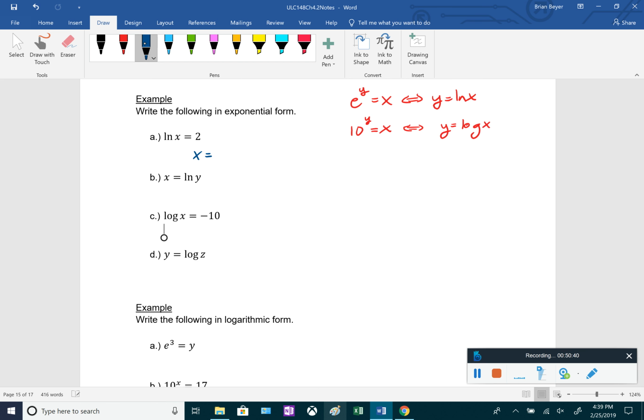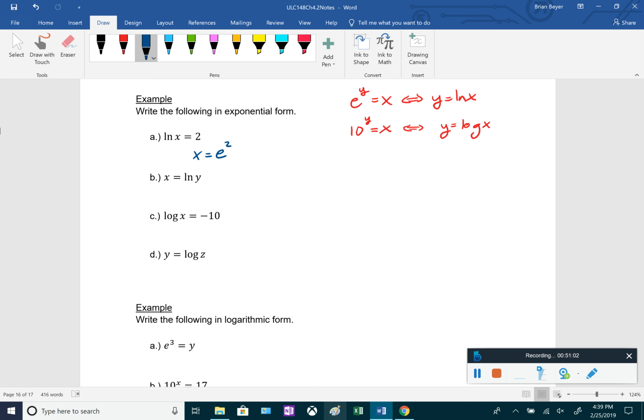Putting this into exponential form, x equals e to the second. So once again, you can use that conversion that I wrote down to help you. What I would do here is base e both sides and say e raised to the ln of x equals x. And then e to the second is e squared, so you get x equals e squared.